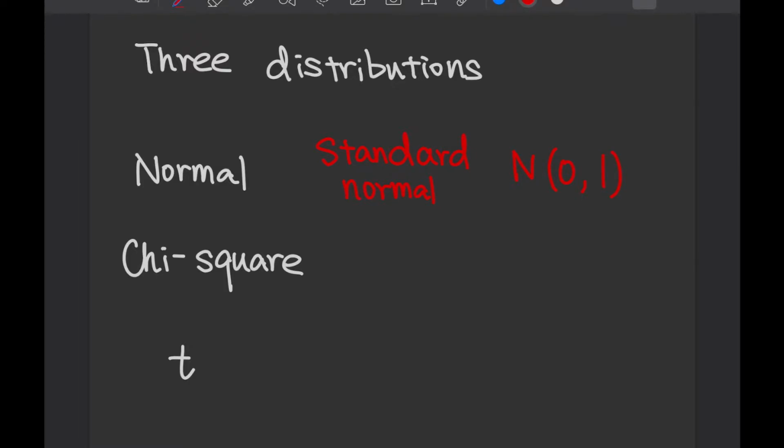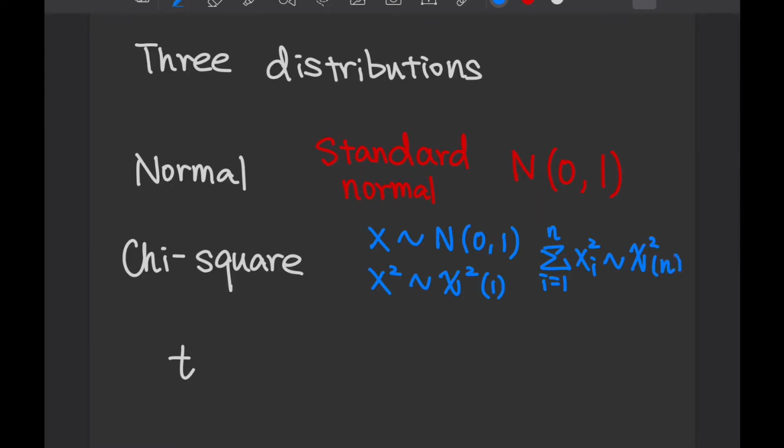As for the chi-square distribution, the definition is basically that given a variable x that follows a standard normal, then the square of x follows a chi-square distribution with a degree of freedom 1. However, if we sum up n of such squared numbers, given that all the xi's are iid, then you have a chi-square distribution with a degree of freedom n.